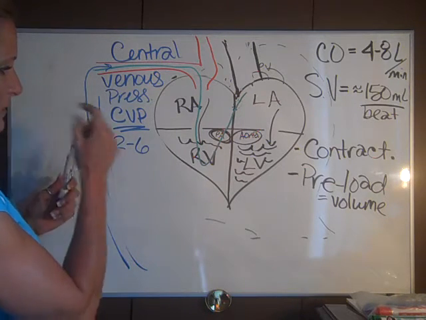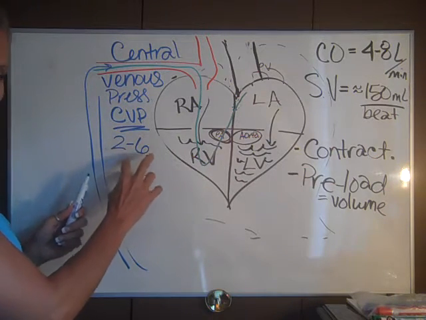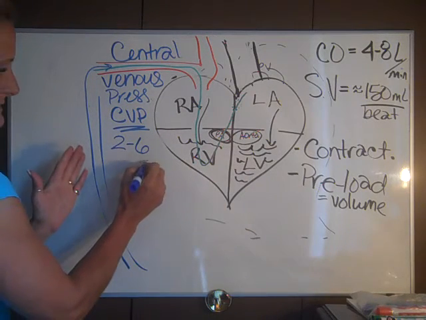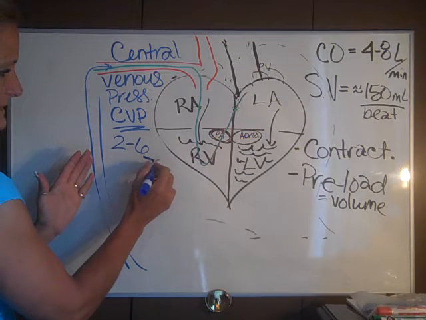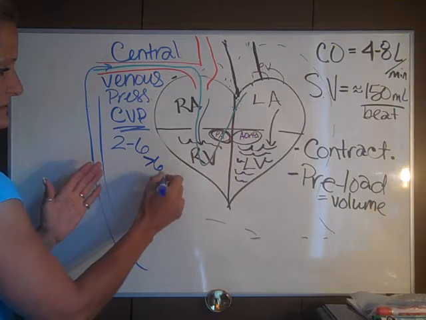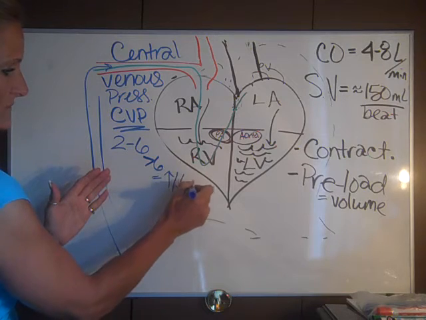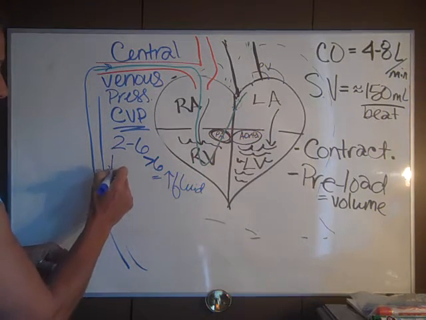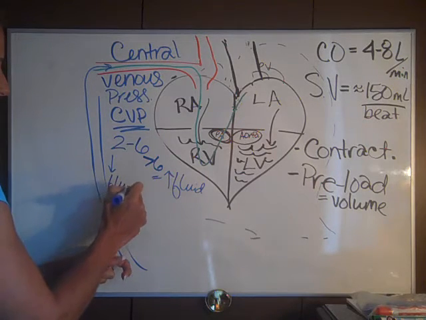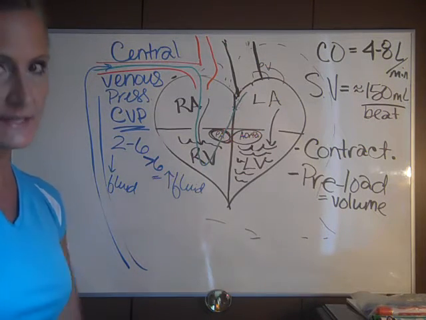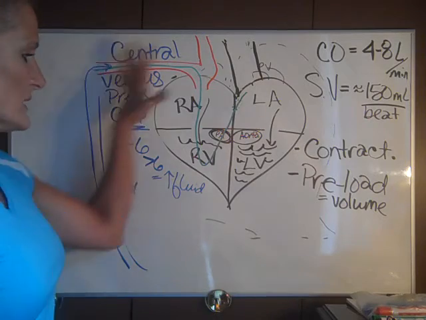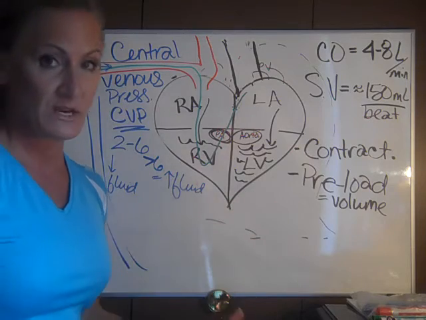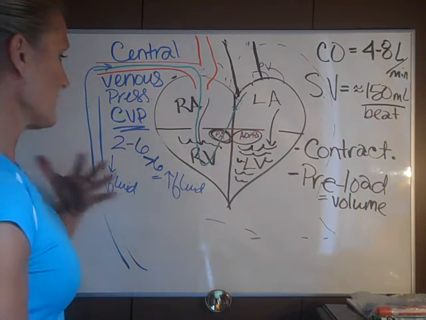When this number gets high, if it's greater than 6, your patient is getting fluid overloaded. When it's less than 2, your patient has less fluid and is getting hypovolemic. So you can tell by getting your CVP what your patient's fluid status is doing.